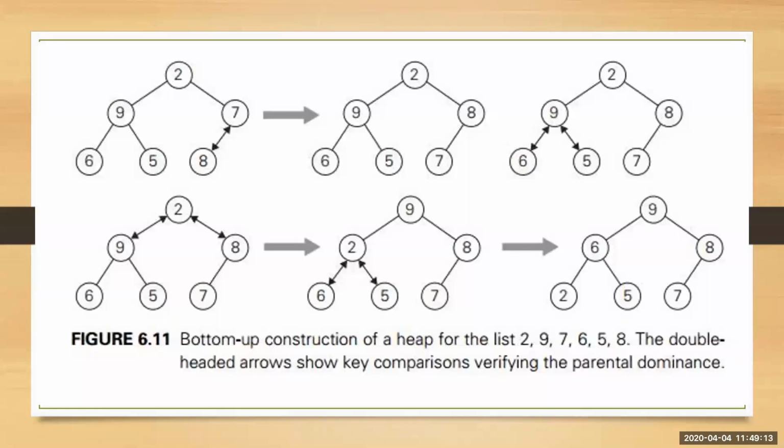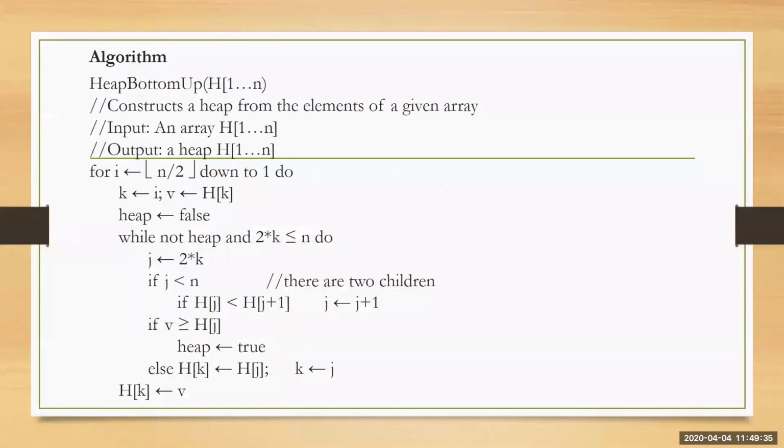Here the index of the last parental node is 3: 1, 2, and 3. So k gets the value 3. k is 3 now, and V contains the value of this node. V is 7. k is 3 and V is 7. Just remember that.